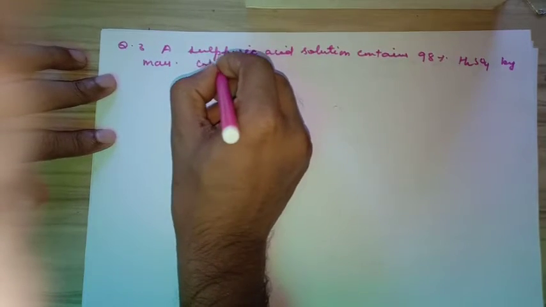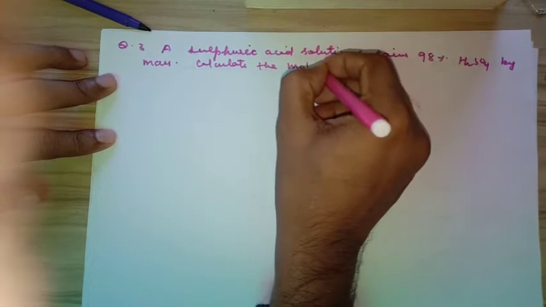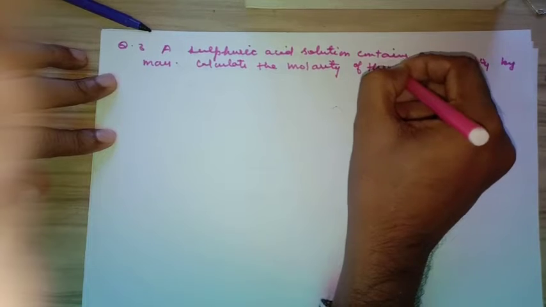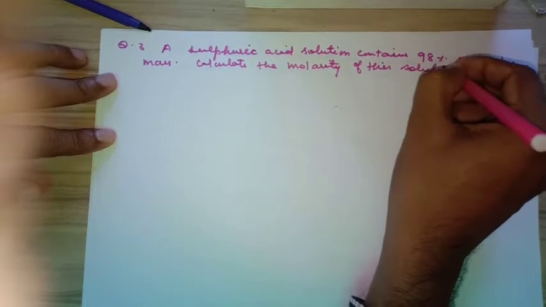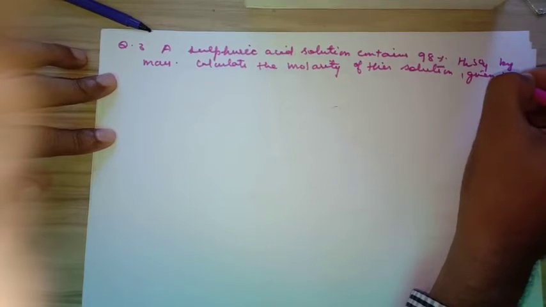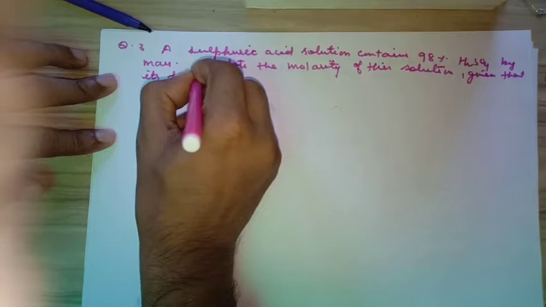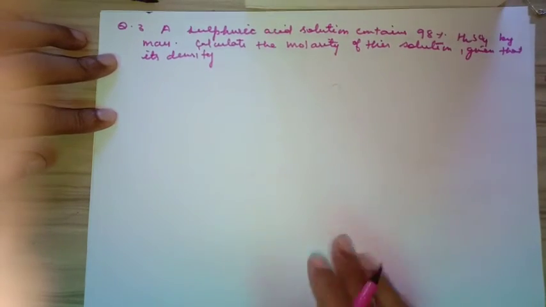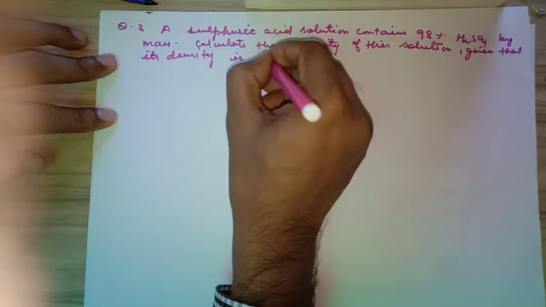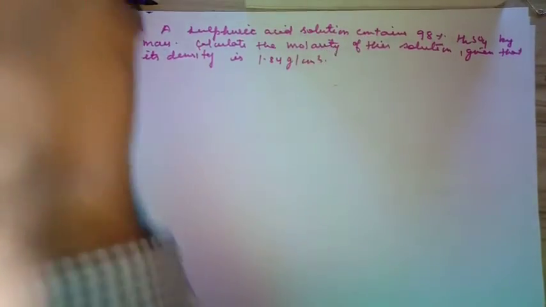Calculate the molarity of this solution, given that its density is 1.84 gram per centimeter cube.